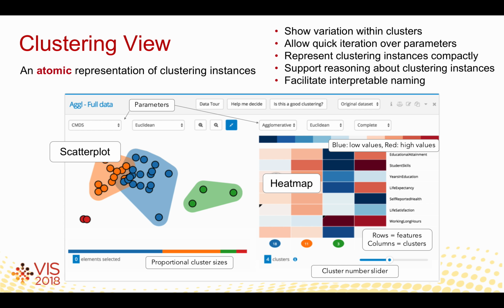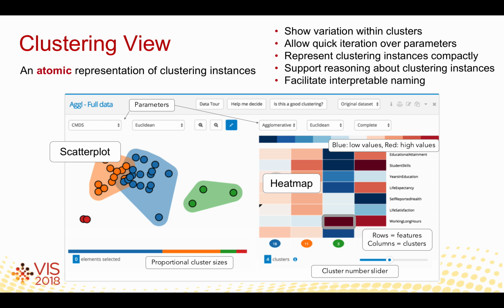The heat map is very useful for describing the clusters. Let me explain quickly how it works. Let's suppose that in this case we have four clusters. The clusters are actually the columns of the data matrix, and the rows are the features. In this case we have education attainment, student skills, years in education.